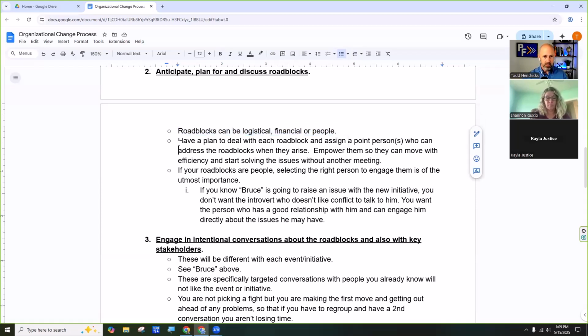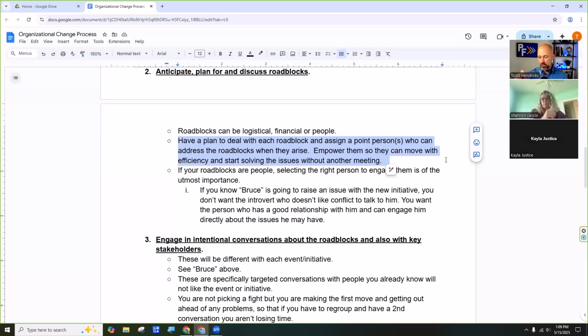So here we go. Have a plan to deal with each roadblock and assign a point person who can address this roadblock when they arise. You also need to empower them so that they can move with efficiency and start solving issues without another meeting. The worst thing you can do is have a meeting. All right, well, I've got a problem. All right, let's reconvene another meeting.